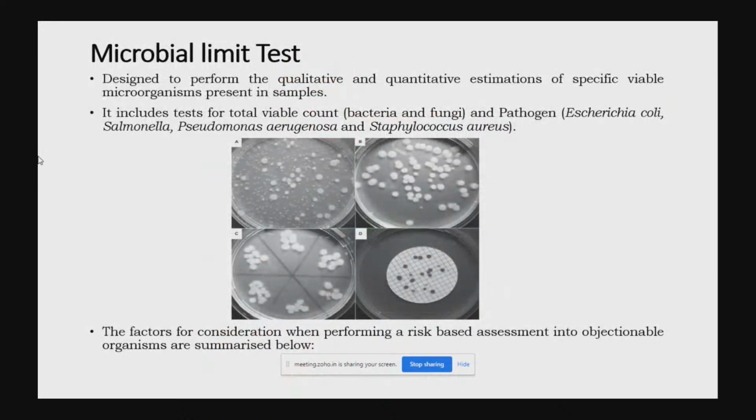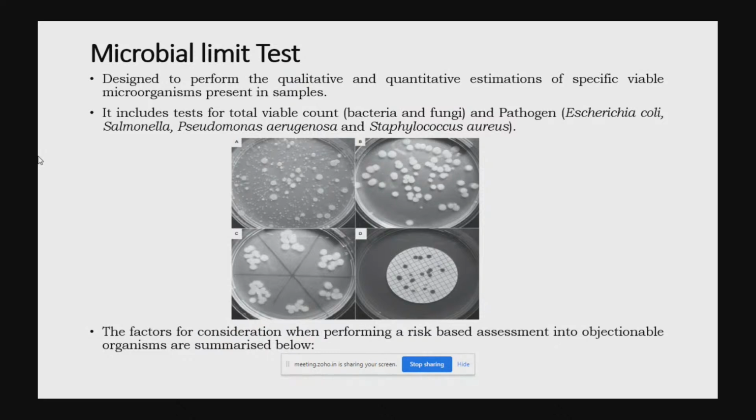Here is the microbial limit test. The microbial limit test is designed to perform the qualitative and quantitative estimation of specific viable microorganisms present in samples. It includes tests for total viable count and pathogens like Escherichia coli, Salmonella, Pseudomonas, and Staphylococcus aureus. The microbial limit test can be performed by different methods like the spread plate method, pour plate method, and membrane filtration method.